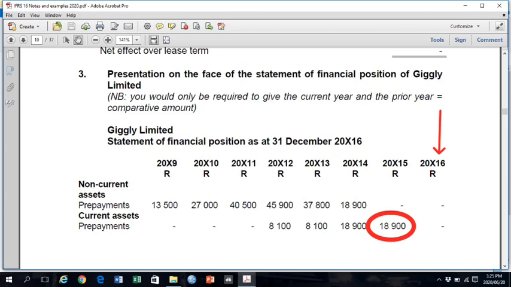So the full balance at the end of 20x15 is a current asset because all of it will utilize within the next 12 months. At the end of 20x16, the full prepaid that was built up over 4 years has now been utilized in the following 4 years. So after 8 years into this lease agreement, there's no longer any balance left on this prepaid account.